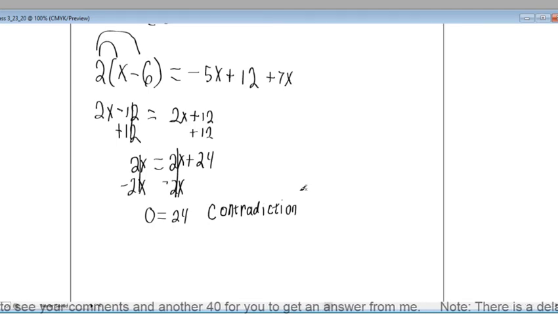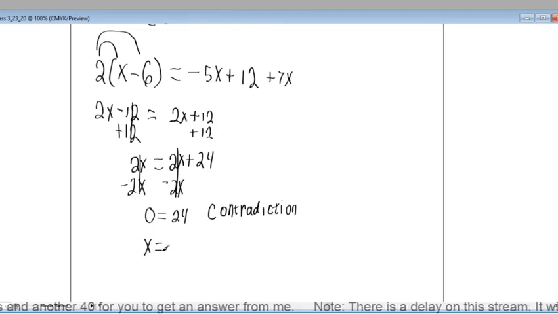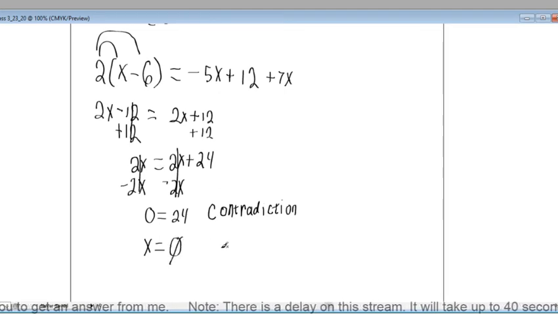So the solution that we would say here is that x is equal to an empty set, or null. This 0 with a slash through it symbol, null. So there are no solutions for x. Nothing that we plug in here for x will make this work.